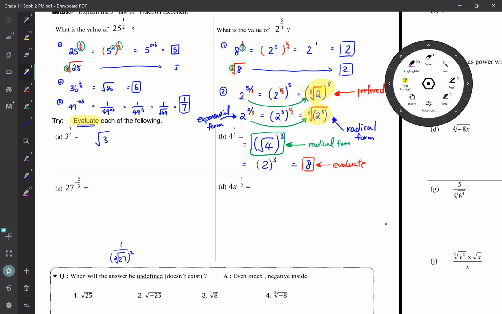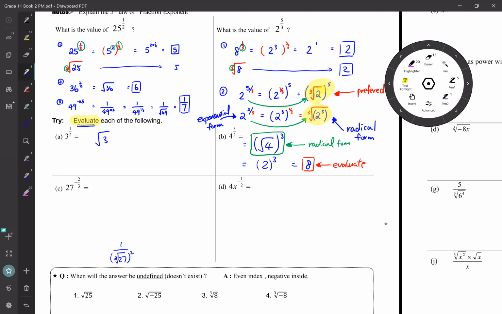Anyone else did different things? Harry, what did you do for question C?